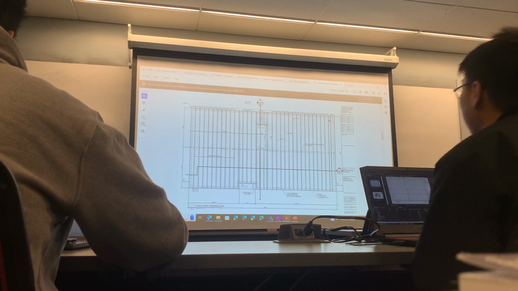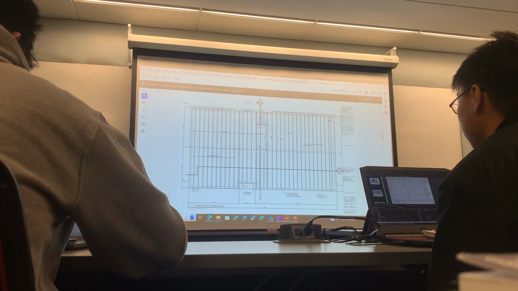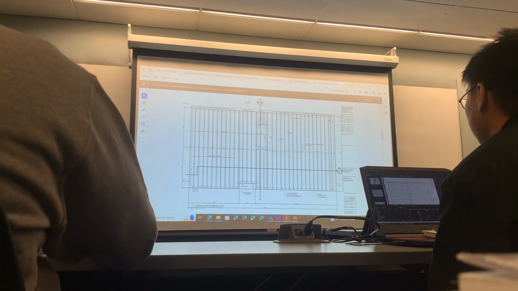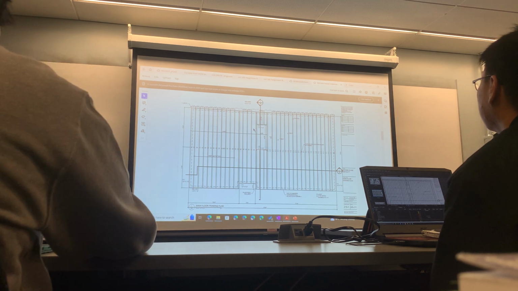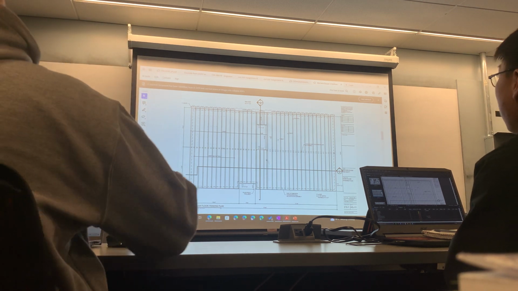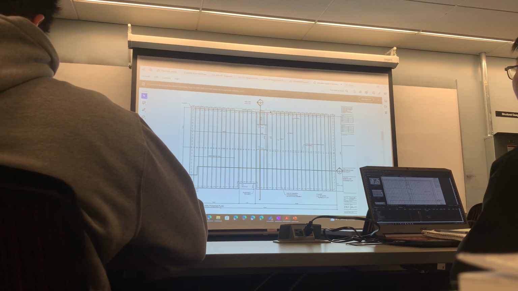All right, so where are our governing exterior walls going to be? The north and south walls or the east and west walls? Why the east and west? Because they're carrying the trusses. The trusses are running north-south. Yeah, so these are the walls. Oh, yeah.